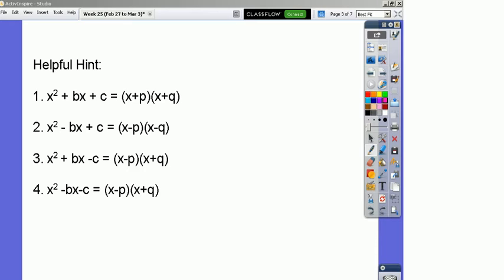If I have an AC that's a positive 6, and I want to think about what multiplies to be positive 6 and adds to be negative 5, what 2 numbers am I going to come up with? Negative 3 and negative 2. So it makes sense that you have two negatives. Does that make sense? Yeah?